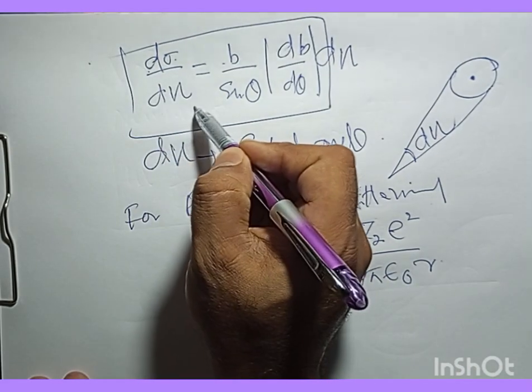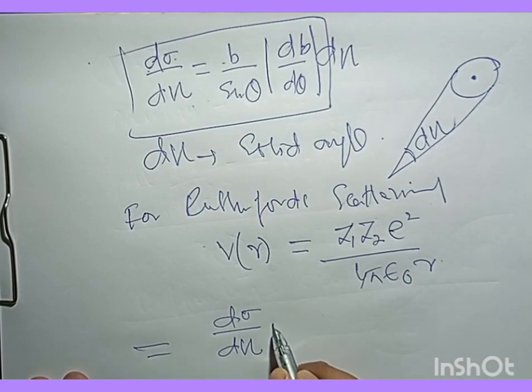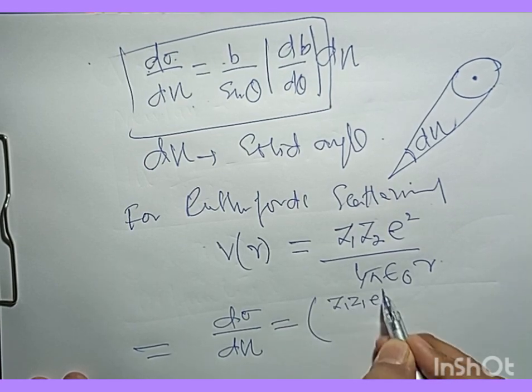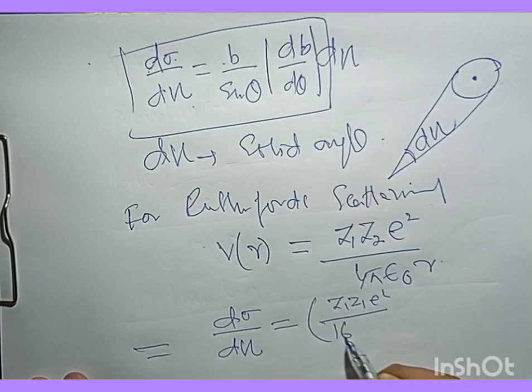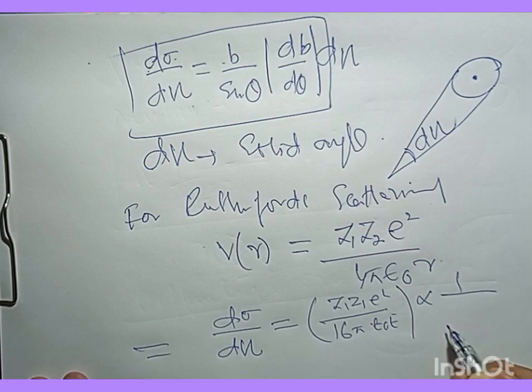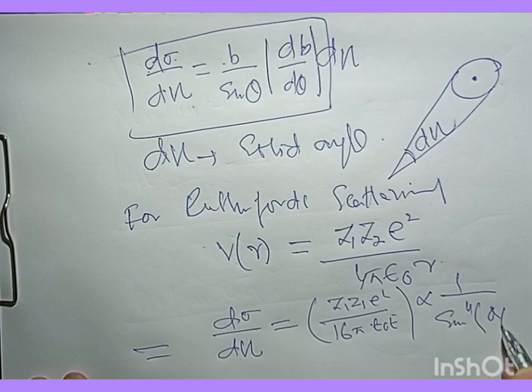d sigma by d omega. I'll not go into the details of it. We obtain this result as Z1 Z2 e square by 16 pi epsilon naught E times 1 by sine fourth of theta by 2.